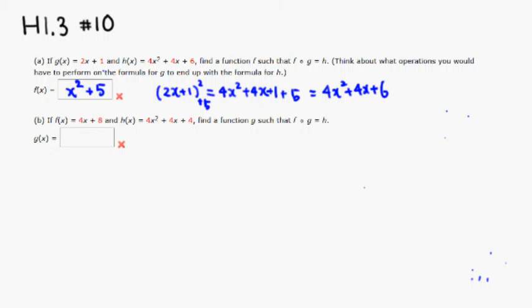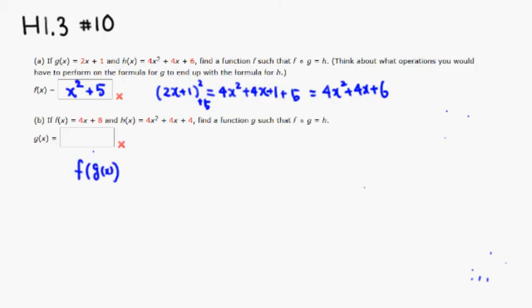For part B, it's kind of the other way around. We know the outside function, but we want to find the inside function g. So let's look at f of g of x.